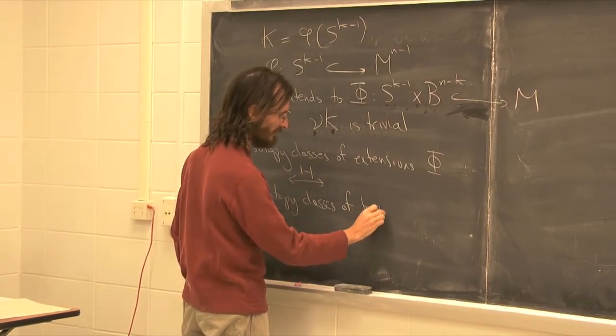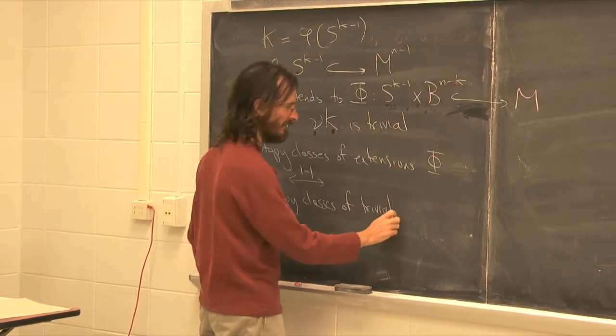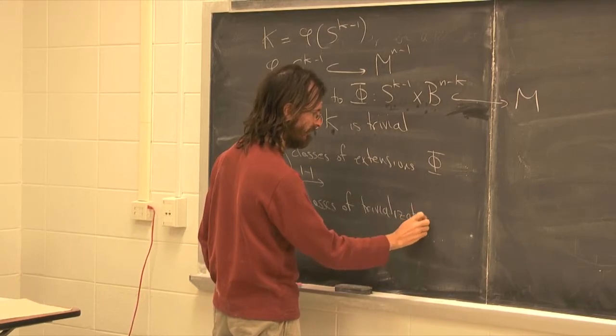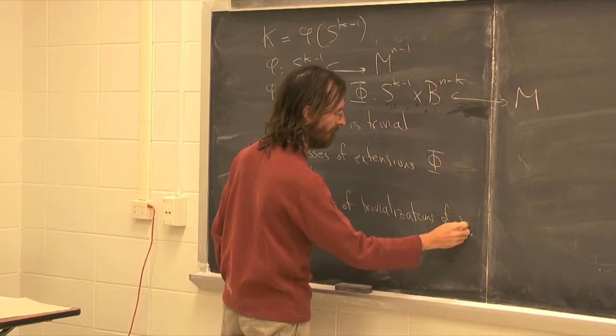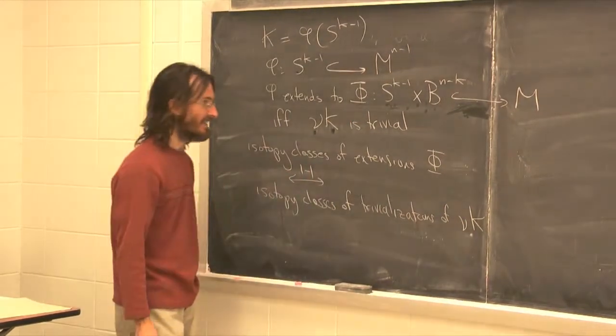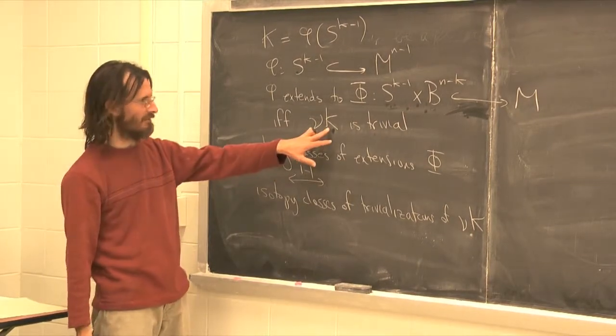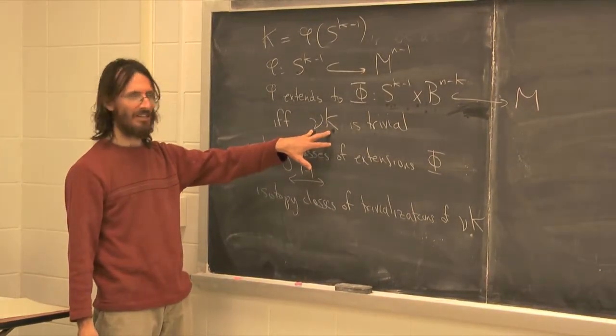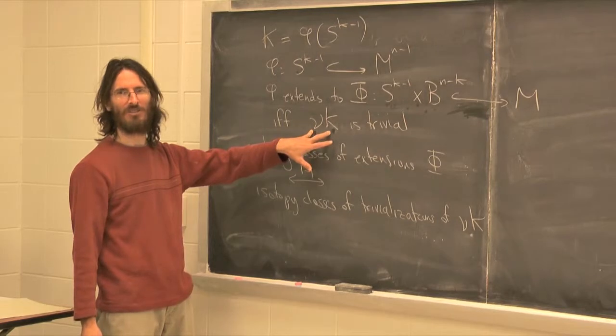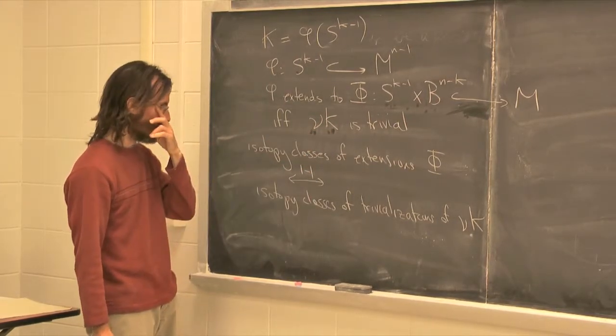Knowing that a bundle is trivial doesn't mean there's only one way to trivialize it. A trivialization is a particular isomorphism between this bundle and the trivial bundle, S^(k-1) cross R^(n-k).